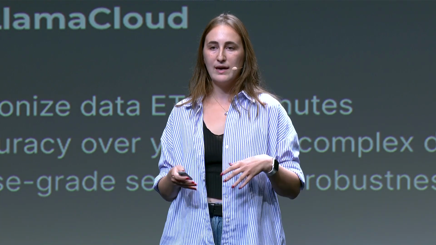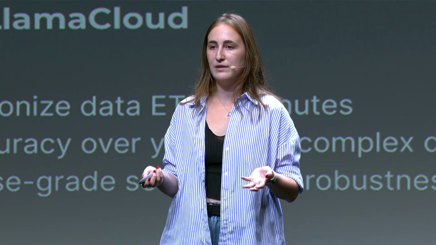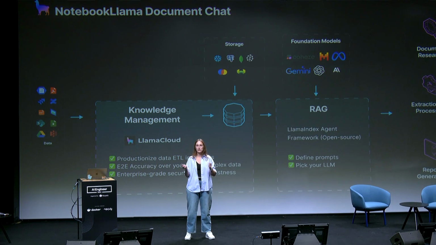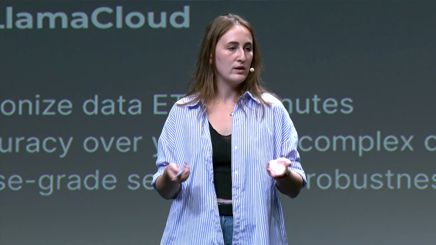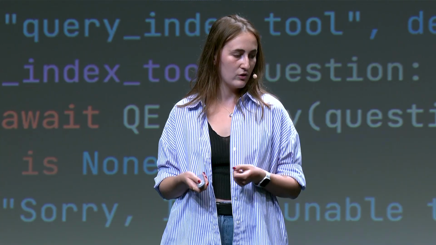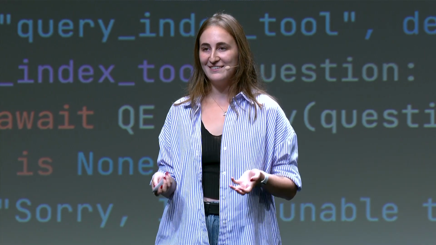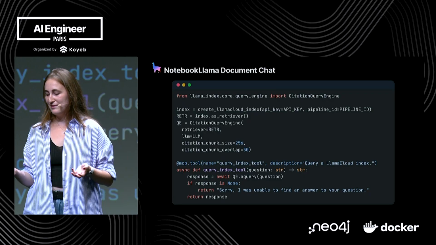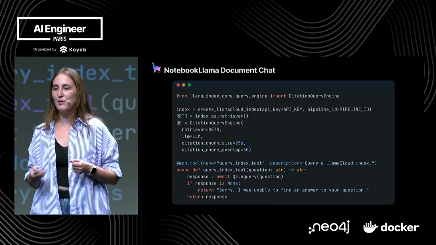This is where we again picked our LlamaIndex open source framework, because this allowed us to make it so that you can switch around models easily, maybe build it into a completely different workflow if you wish. So how does that look? Again, we've wrapped this in an MCP tool. We've described it very simply: query a Llama Cloud index.